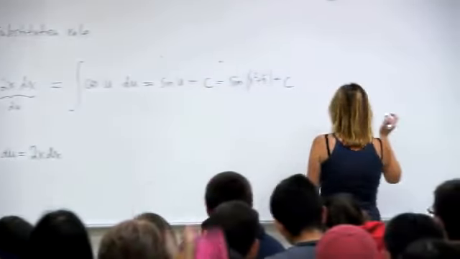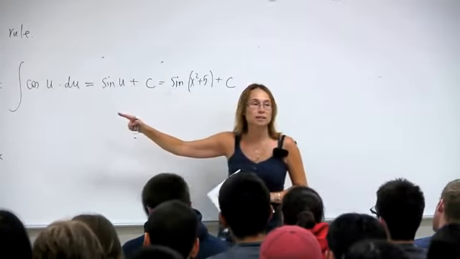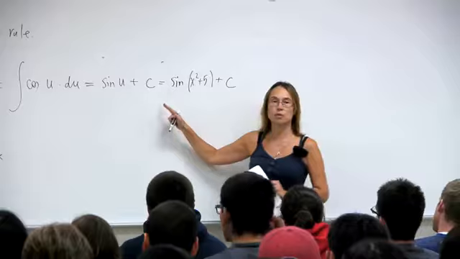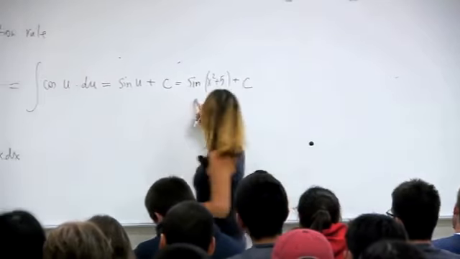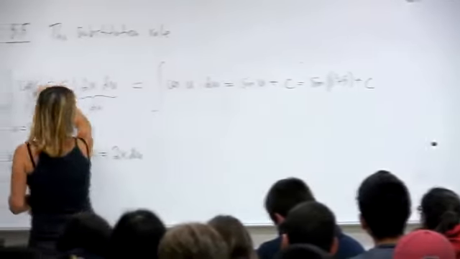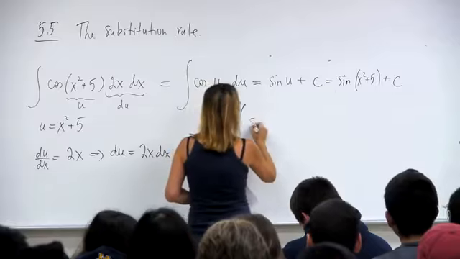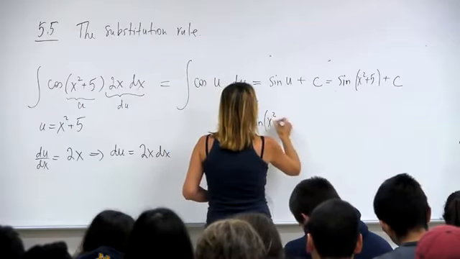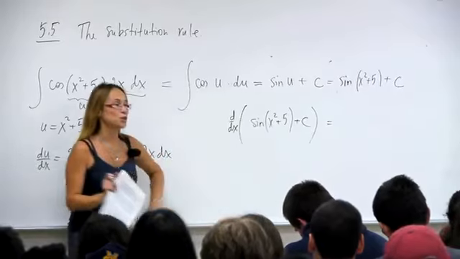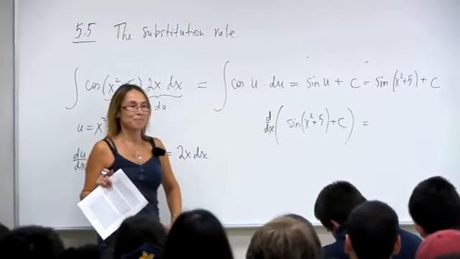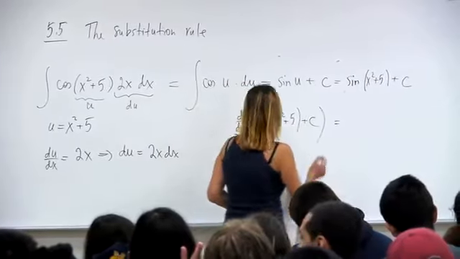But for now, let us check that the answer obtained in this way is indeed correct. How can we check that we didn't make a mistake? Exactly. This is an antiderivative. We take a derivative, and the goal is to obtain the integrand, right? So we have to evaluate d dx of sine of x squared plus 5, plus c. How do we differentiate this? Chain rule, exactly. This is chain rule because we have a composite function.